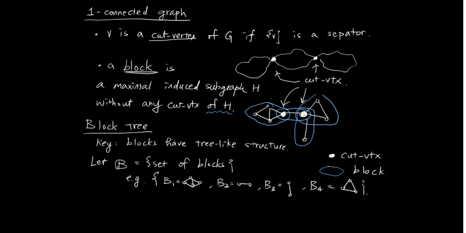So blocks are graphs, and this is a collection of subgraphs, right? A collection of blocks. Then we can talk about calligraphic C. What is C? It's the set of cut vertices.